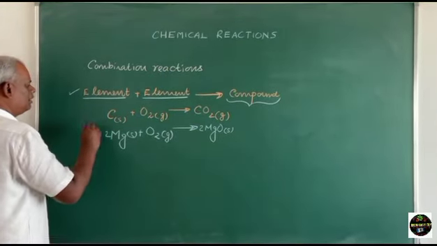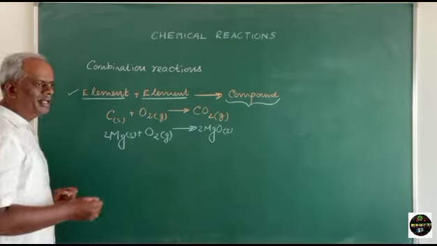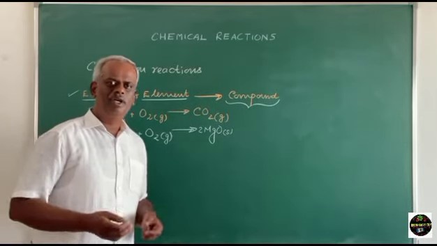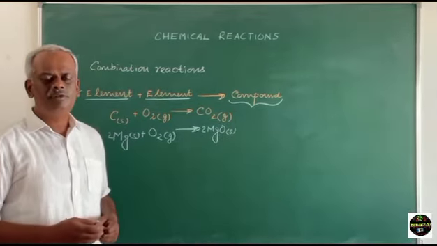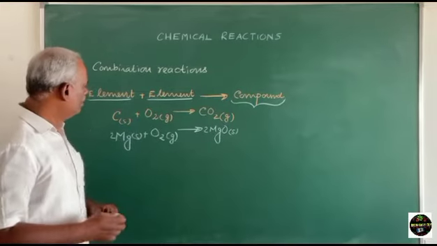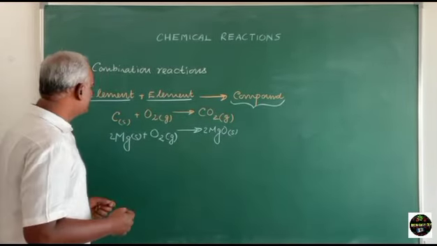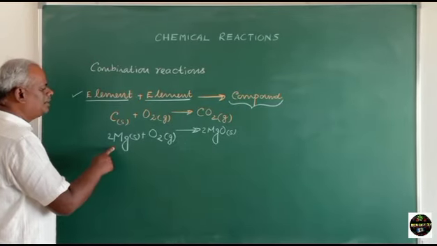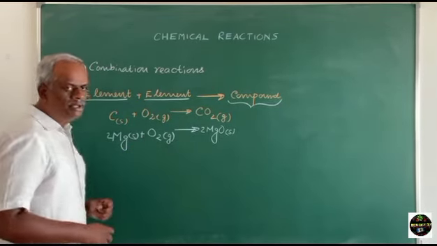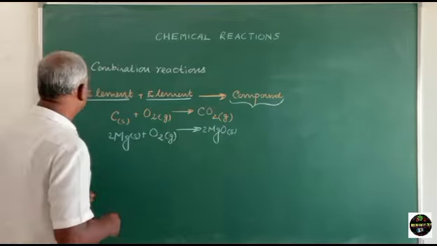The carbon, a non-metal, and the sulfur, a non-metal, can combine with oxygen to form sulfur dioxide. Phosphorus can combine with oxygen to form phosphorus pentoxide and trioxide. A metal like magnesium combines with oxygen to form magnesium oxide.